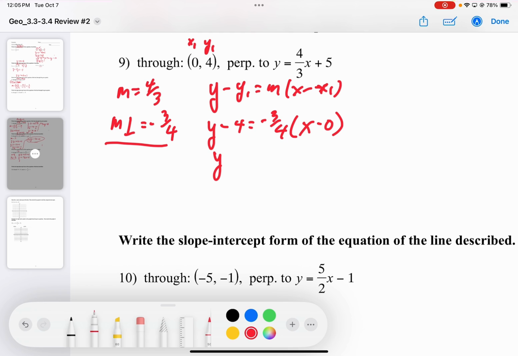All right, so then if I take some time to simplify that, -3/4, this is just going to be times x, right? Because x minus 0 is just x. What did you guys do after that? I saw you guys solved it a couple different ways, which is totally okay. But you guys guide me. Tell me, what do I do after this?